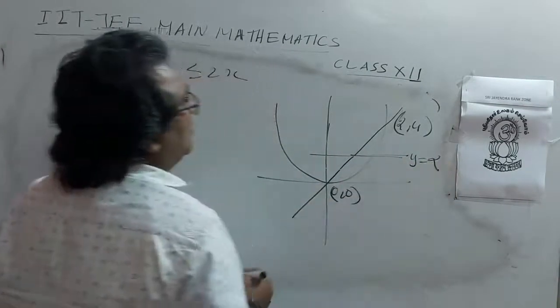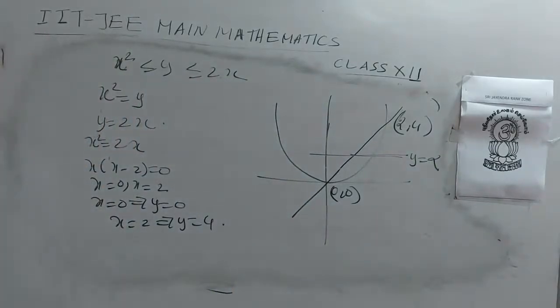That is y = alpha dividing into equal parts.